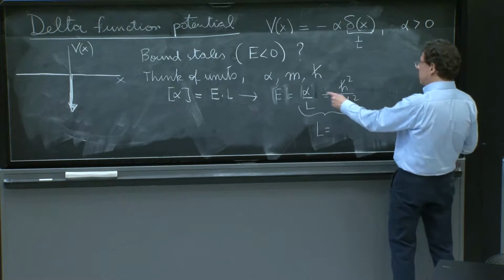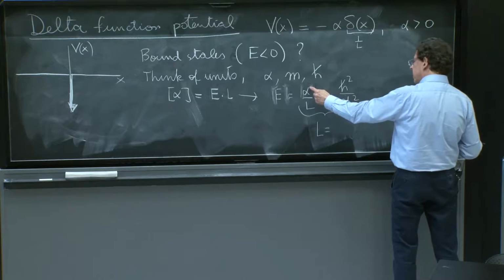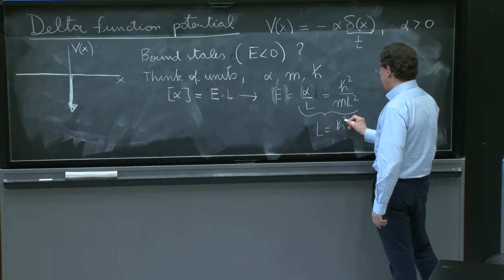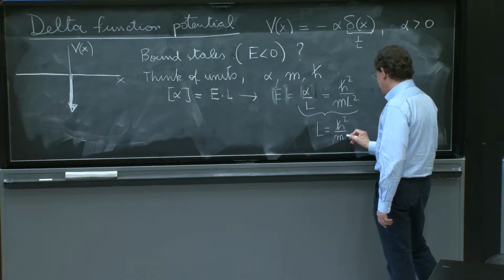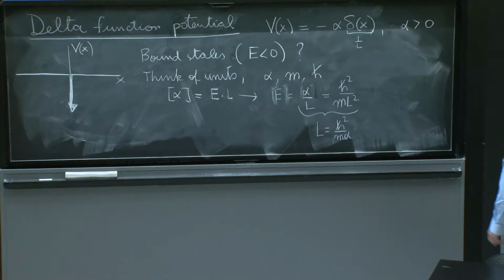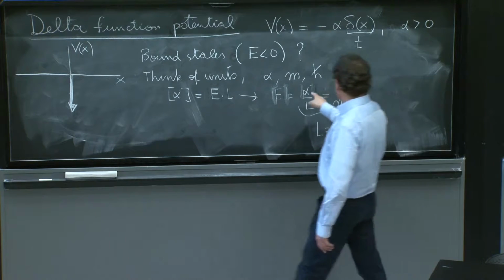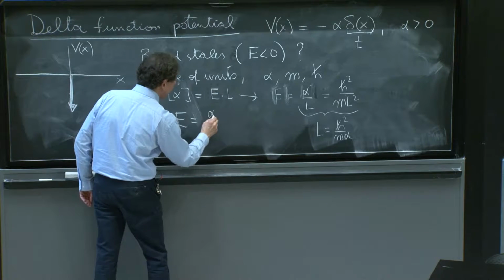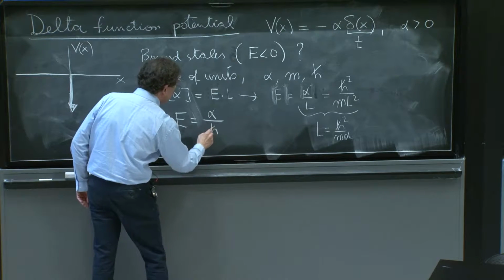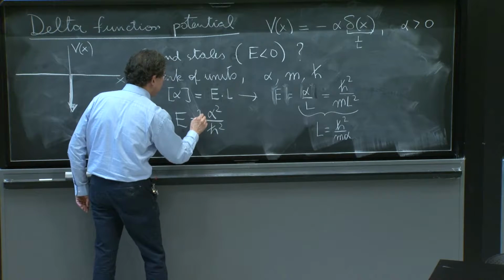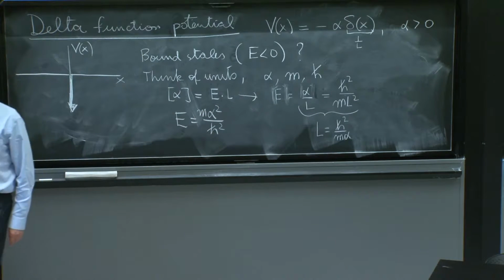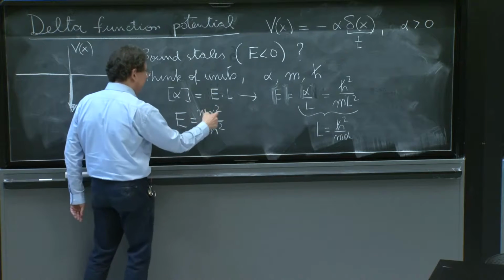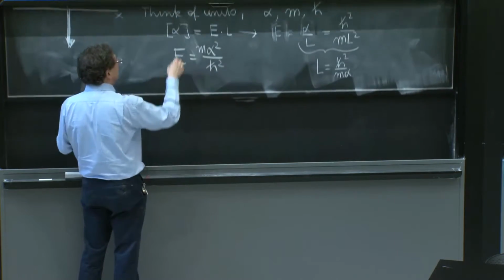You pass the L to this side, the L squared to the left-hand side, divide, so you get L is h bar squared over m alpha. And if I substitute back into this L here, E would be alpha over L, which is m alpha squared over h bar squared. So that's the quantity that has units of energy. m alpha squared over h bar squared has units of energy.